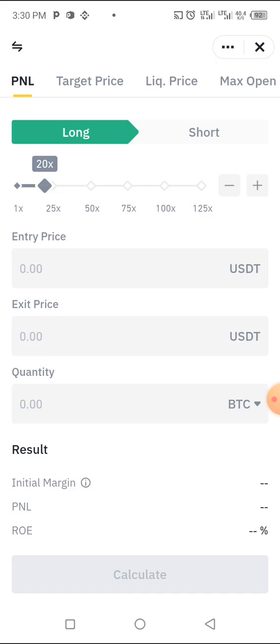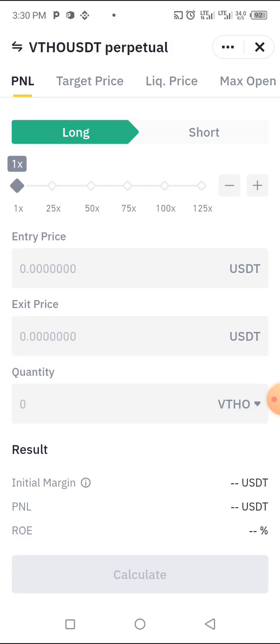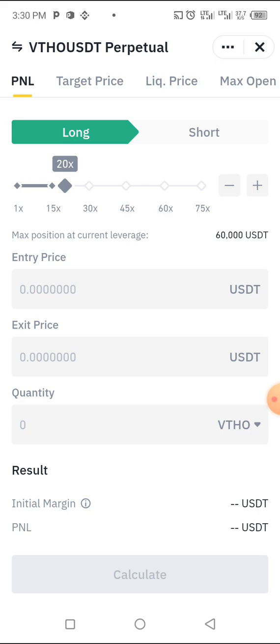So before you do that, you have to set it to the leverage that you want to trade. Okay, to the leverage. So let's set it. Let's say I am trading with a leverage of 10. Let me adjust it small. This 10. So let me take it to 10.